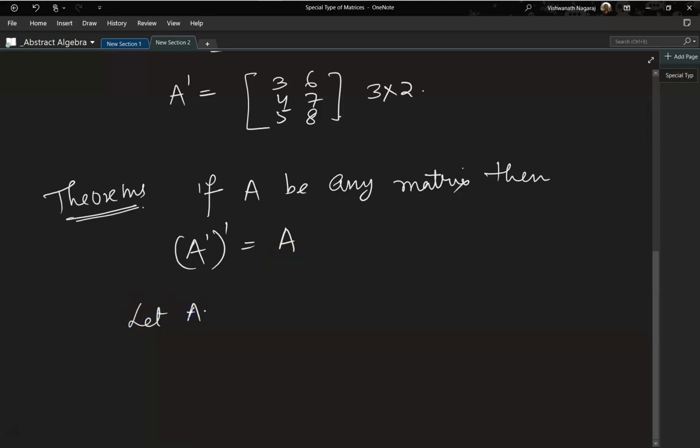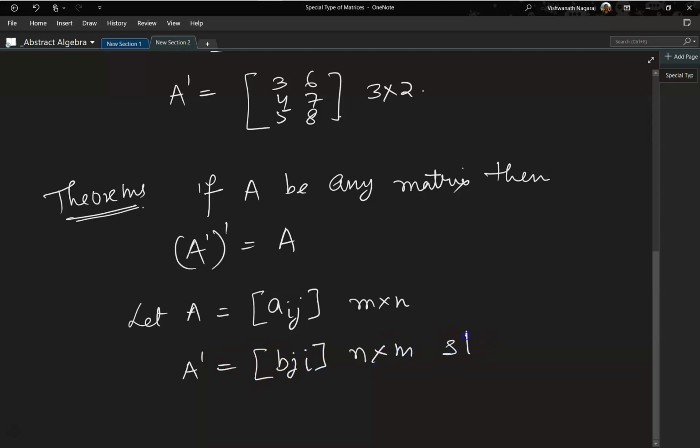Let A equal Aij, which is of m by n order. Then A prime would be Bji, an n by m matrix, such that Bji is equal to Aij.